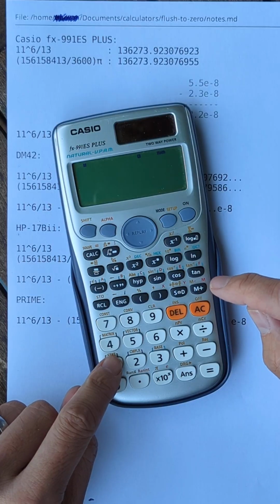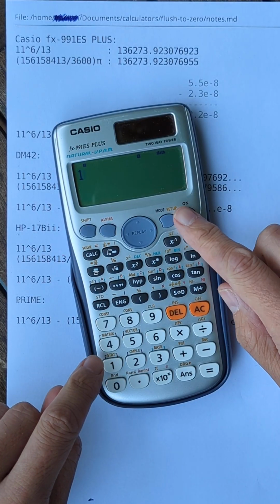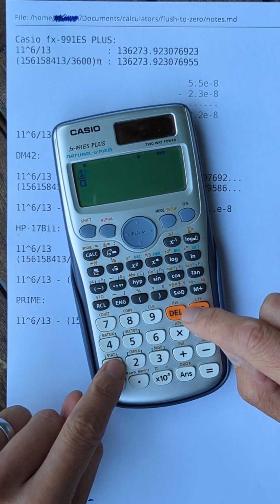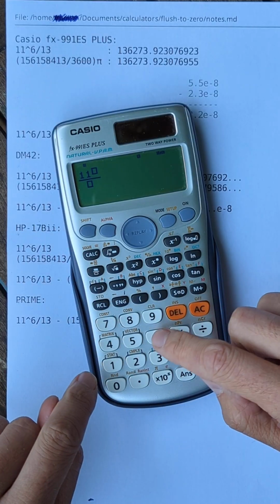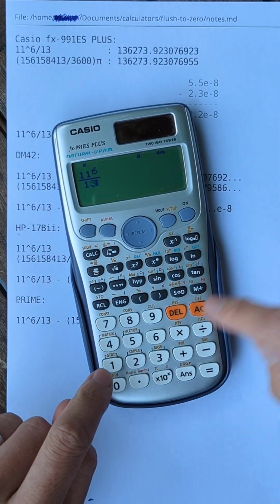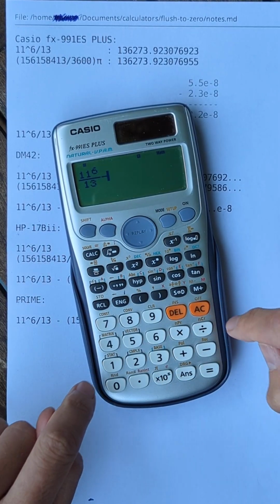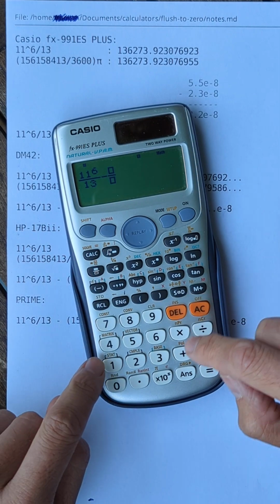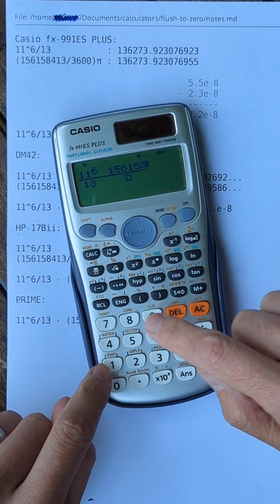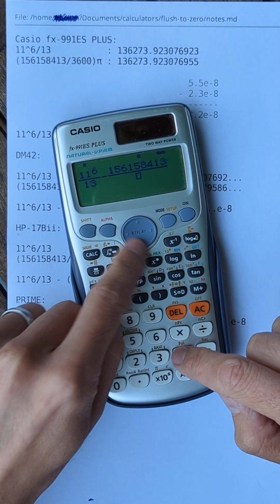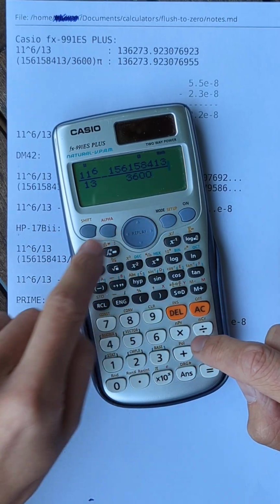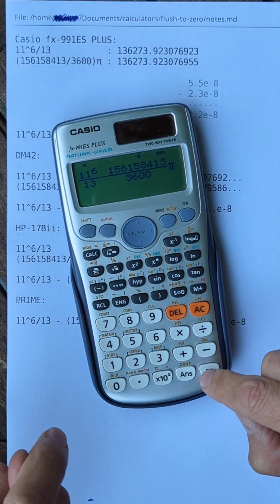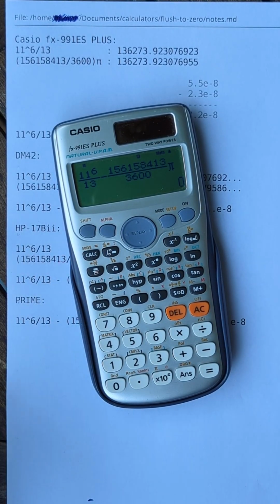And what is most interesting is that if you subtract them, 156,158,413 over 3,600 pi, you get 0.